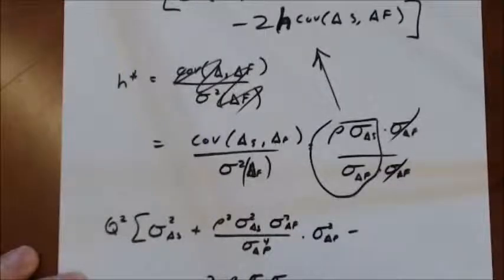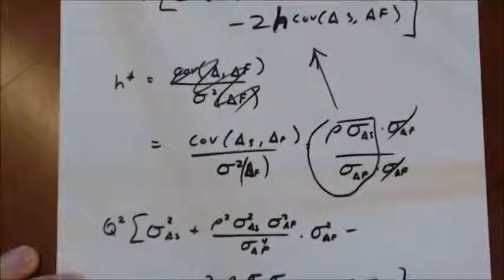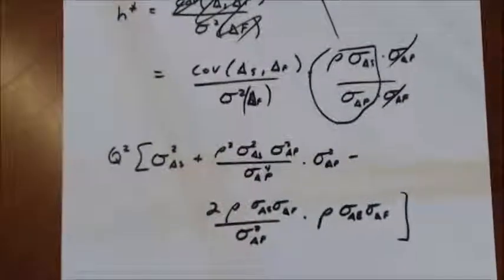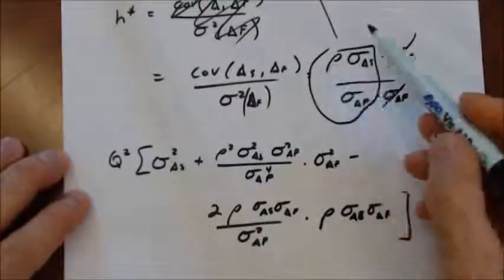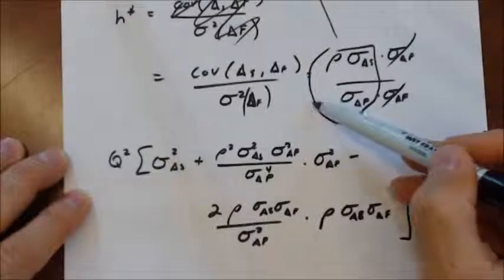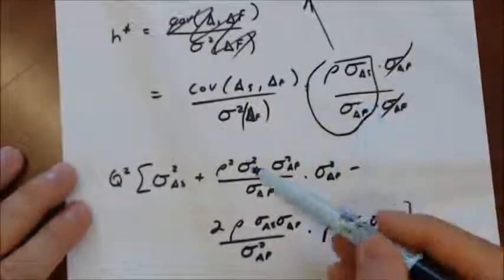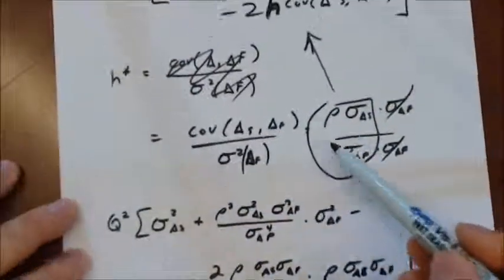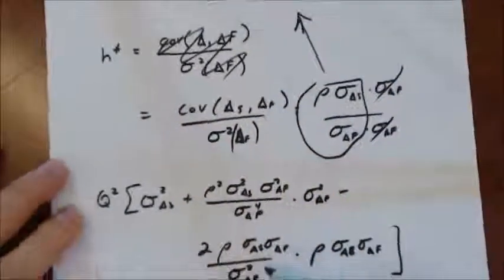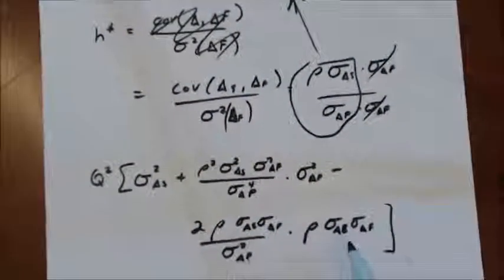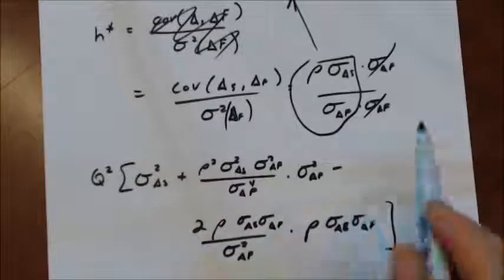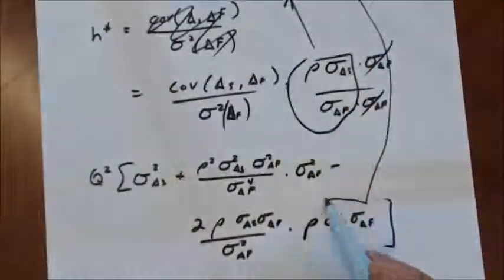The textbook does not give you this information. They just assume you have good algebra skills and you can do it. All I did here was plug in the optimal hedge ratio for H, and for H squared. That's why I got all these square terms here, because I squared the optimal hedge ratio, and here it is unsquared. Keep in mind that this term is the covariance term. See this covariance term? There it is, written out.